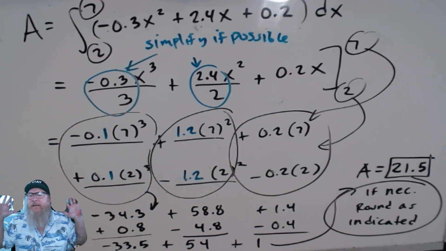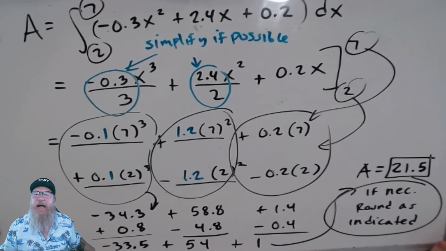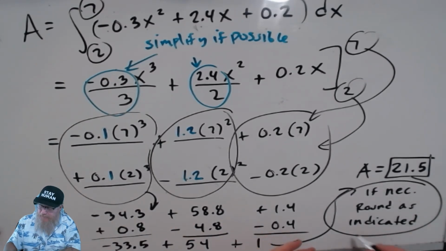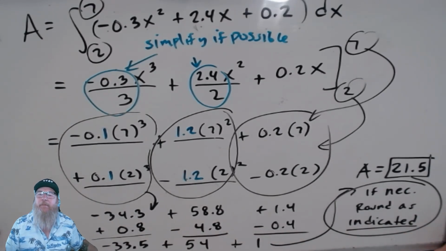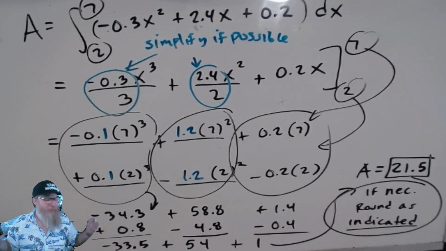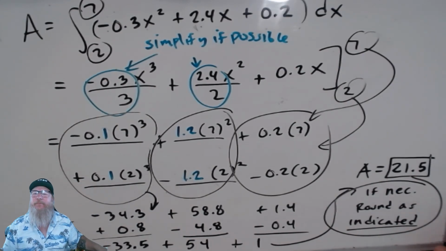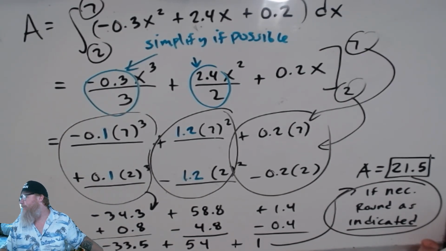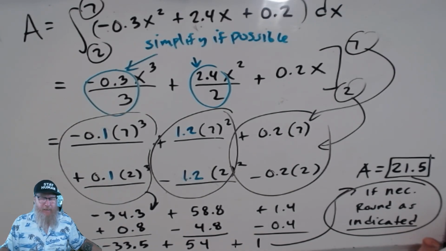It already came out to exactly the 10th. But there might be some problems where you need to round, just as it's indicated in the problem. Occasionally I'll say exact, like I really want the exact answer, but it really depends. All right, well, that's the sort of introductory result.